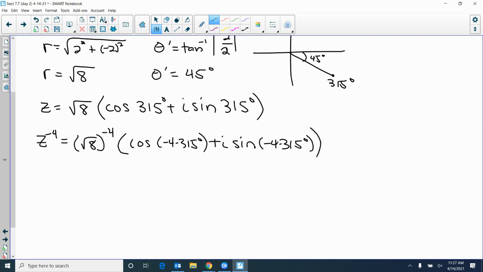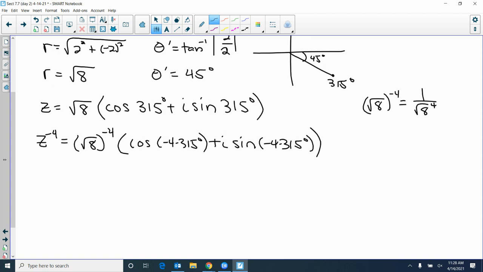All right, square root of 8 to the negative 4th. I'm just going to do this over here. Remember, that is 1 over square root of 8 to the 4th. If you just type that in your calculator, it's probably going to give you some decimal. Let's not do that. So make it 1 over radical 8 to the 4th. Now do radical 8 to the 4th power. Square root of 8 times square root of 8 times square root of 8 times square root of 8 should give you 64.